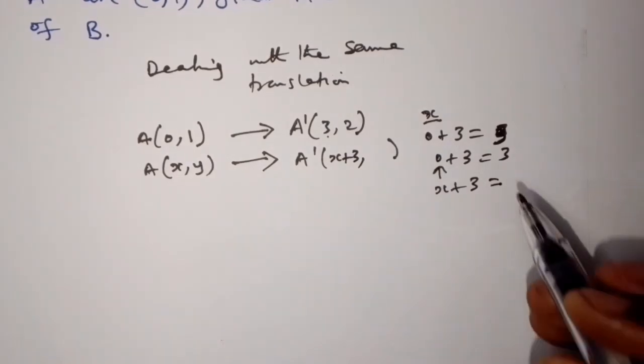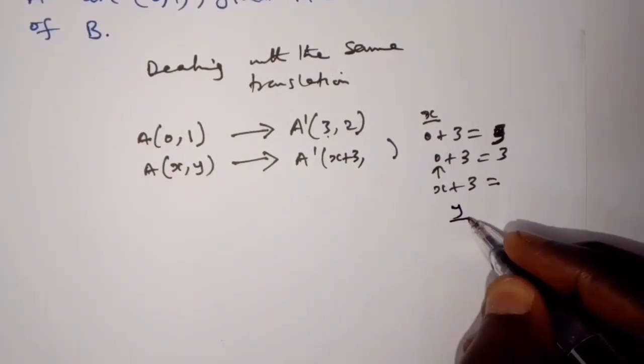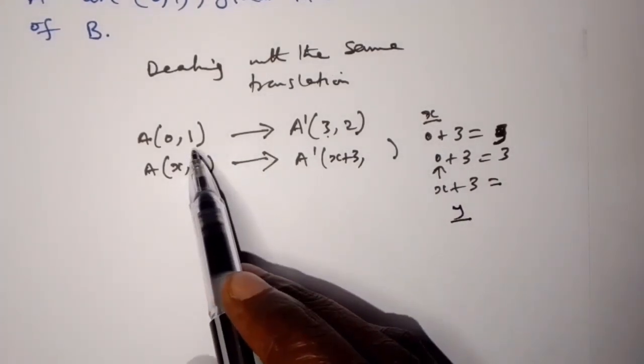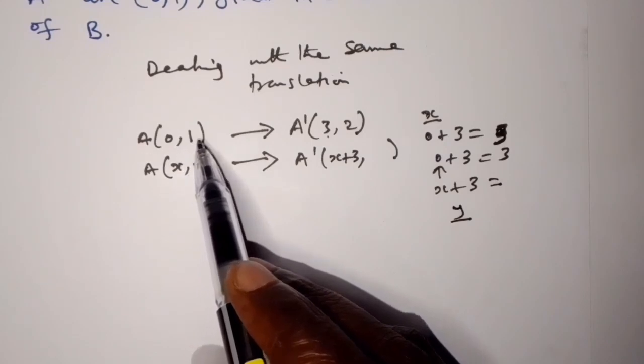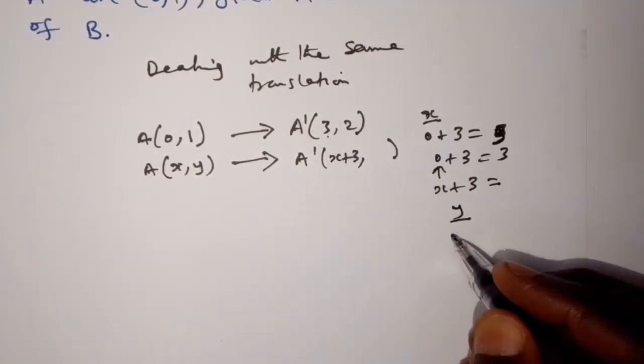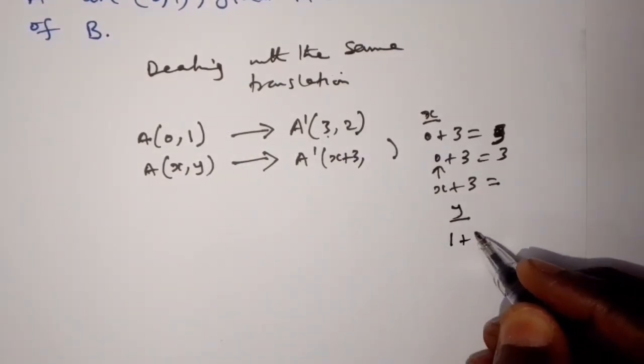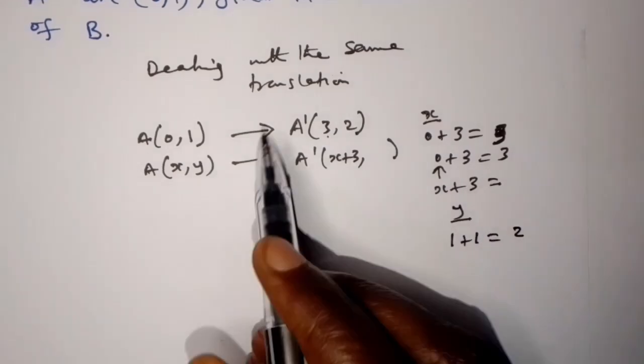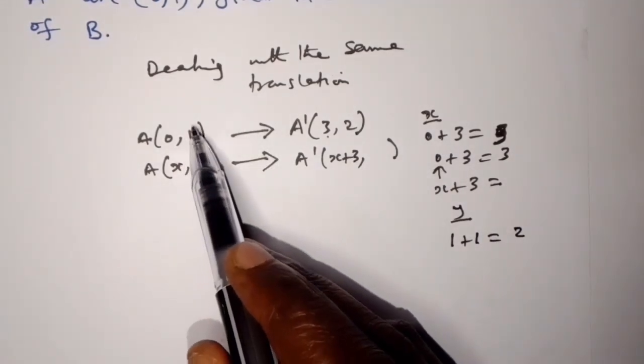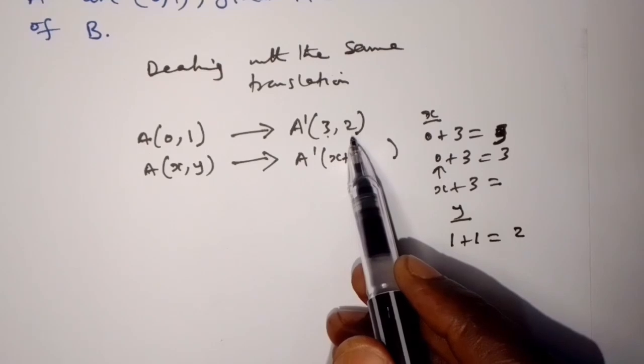Then when we deal with y, 1, if you add 1 to 1 you get 2. 1 plus 1 is equal to 2, giving us this one here.